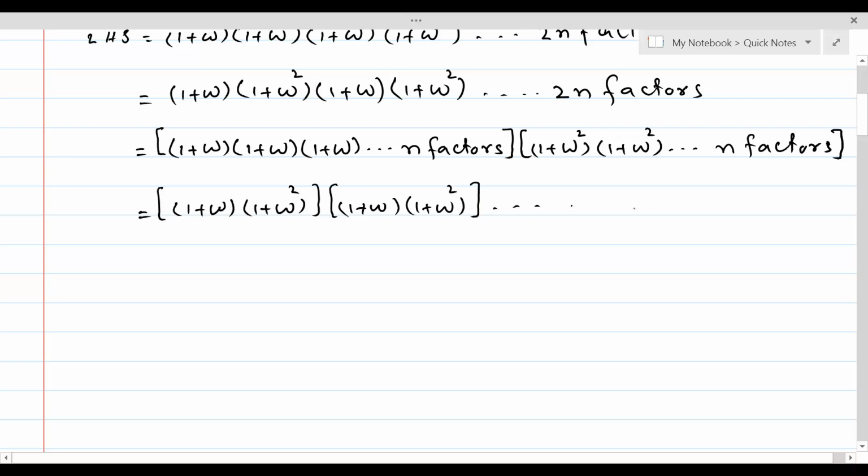And this way we can continue up to n factors. Because two factors are combined into one, that's why the number of factors is reduced to half.